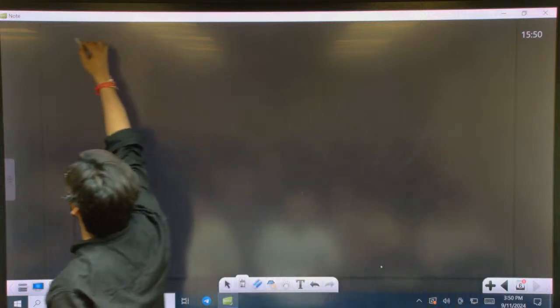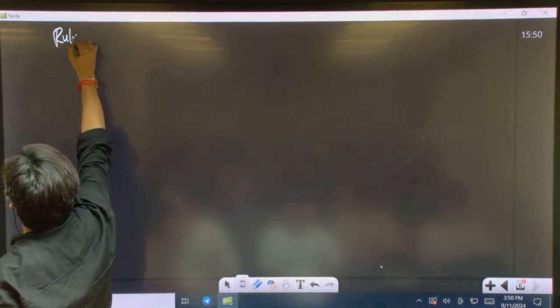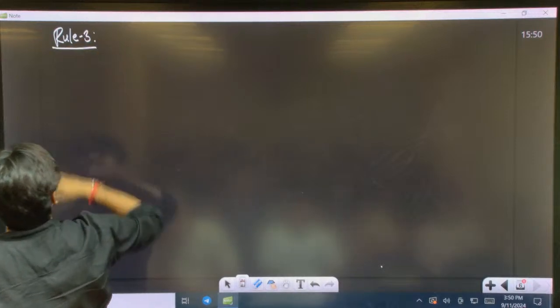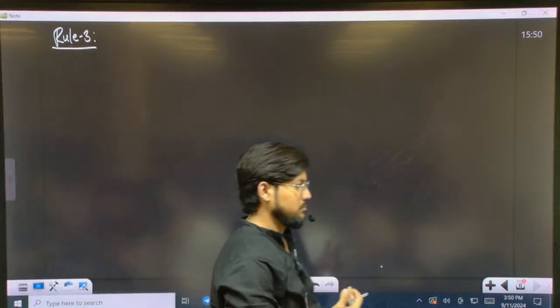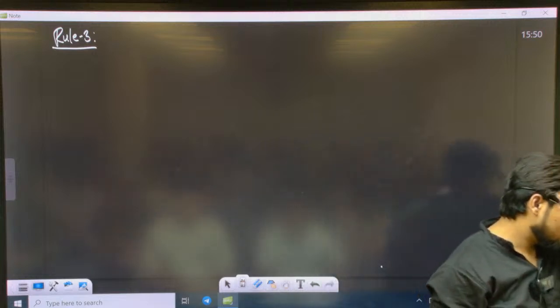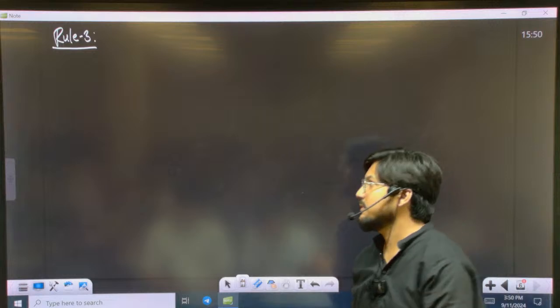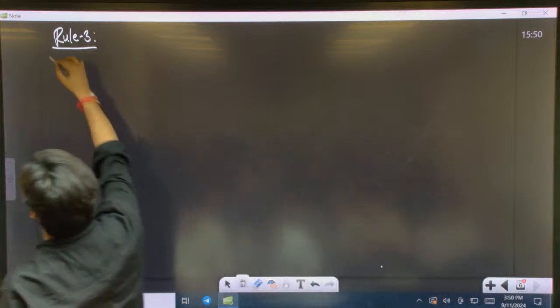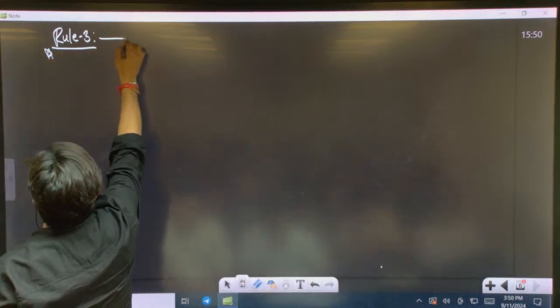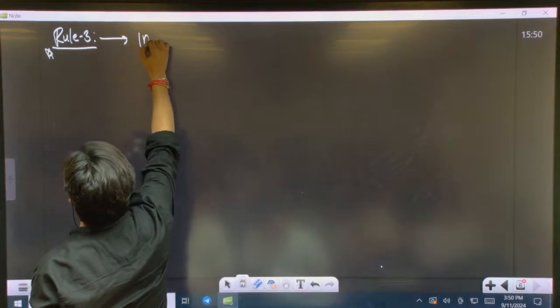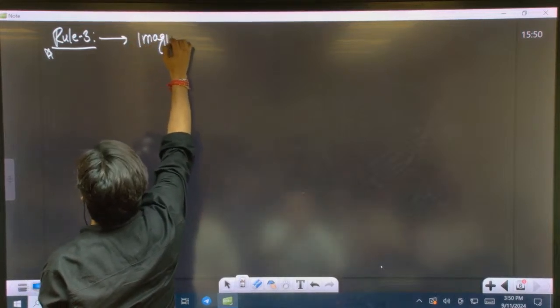Rule number 3 says, very, very, very important. This is known as imaginary sentence.